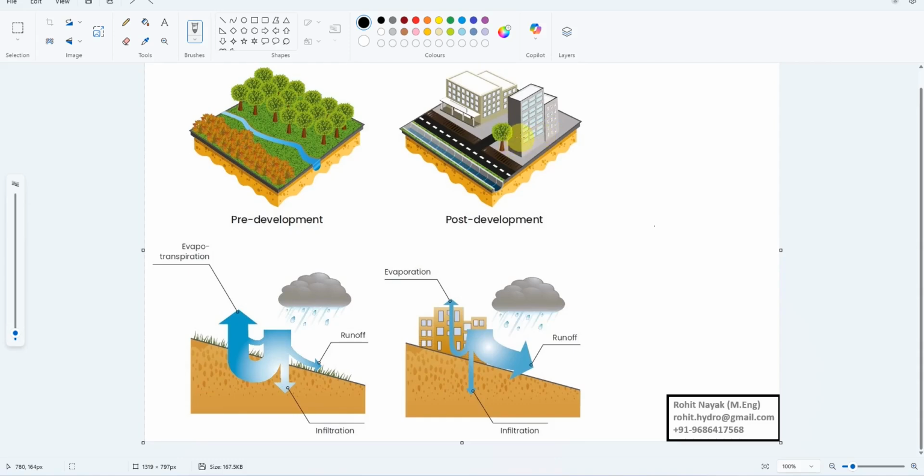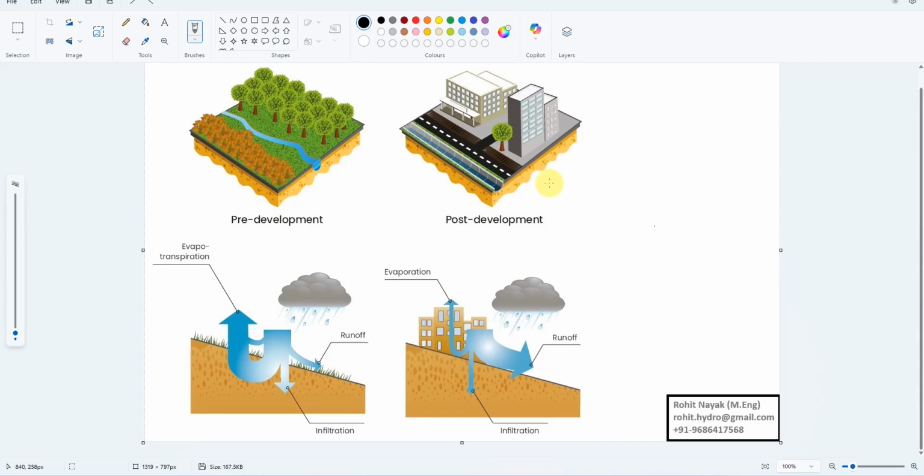As stormwater engineers, we have to understand in the preliminary stage the rough estimation of the stormwater capacity of the site after construction. So we have to understand the hydrology preliminarily, with the pre-development and the post-development.